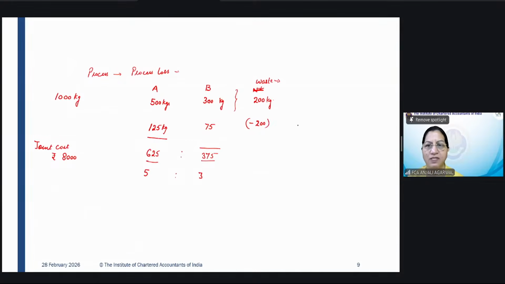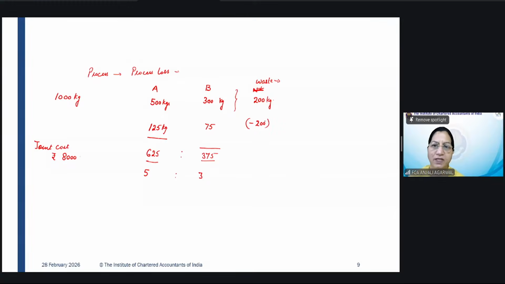But if there is waste, you will charge the waste back to products A and B in some reasonable ratio. Here we have the physical measurement, so 5:3 again. And therefore, the joint cost should be allocated amongst A and B in the ratio of 625 to 375. So that becomes 5:3.